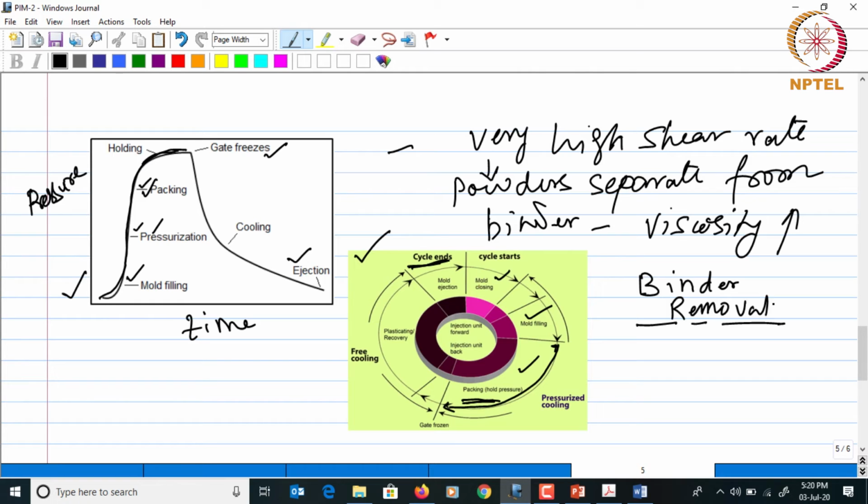Okay, so that is why before the component is heated to the sintering temperature, the binder has to be removed at a lower temperature to make sure that porosities are not generated due to the presence of binder. Thermal debinding, that means removal of the binder by heating to higher temperature, can be carried out at around 600 degrees Celsius.